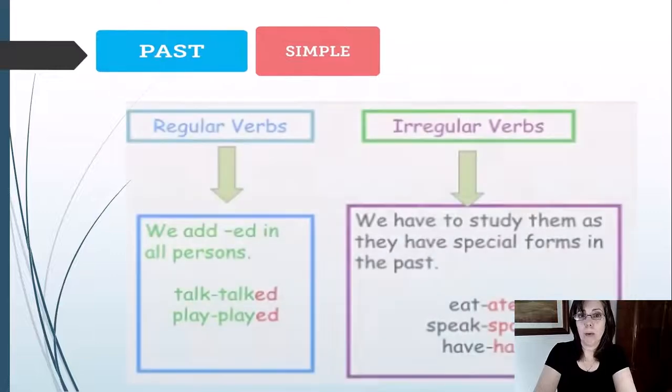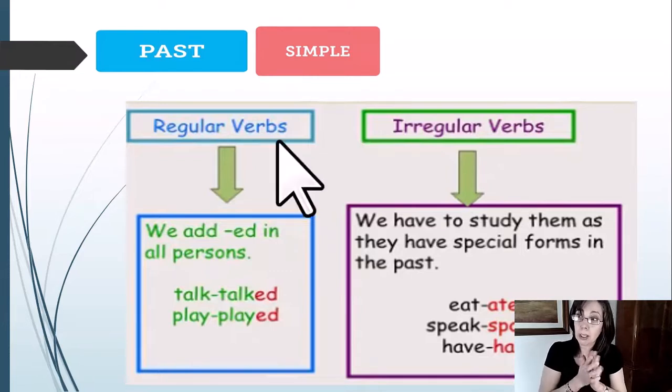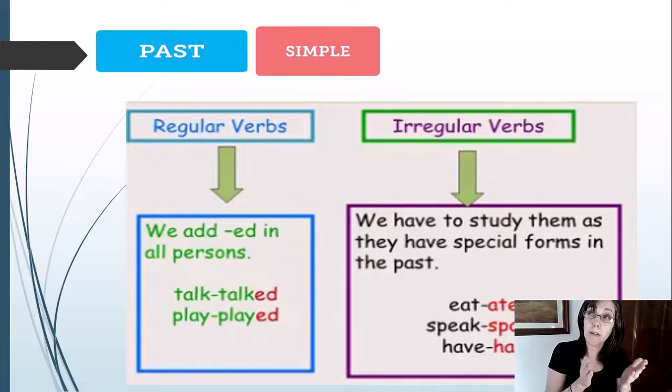Okay, now, as regards the conjugation, we come across the first big problem. Some verbs are regular. Regular meaning they follow a rule, and the rule says you add ed. Talked, played. Beautiful.